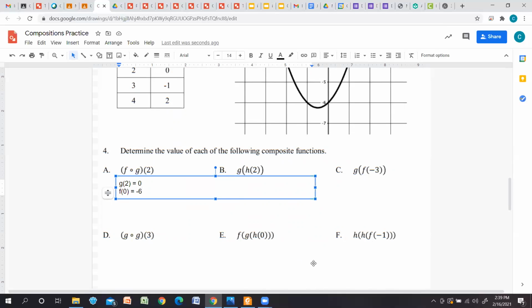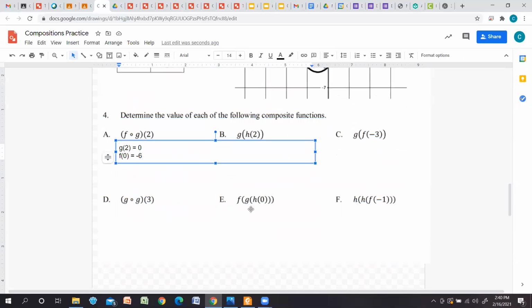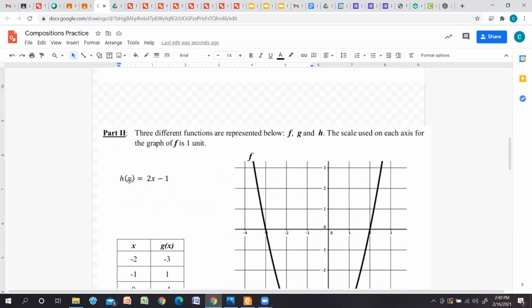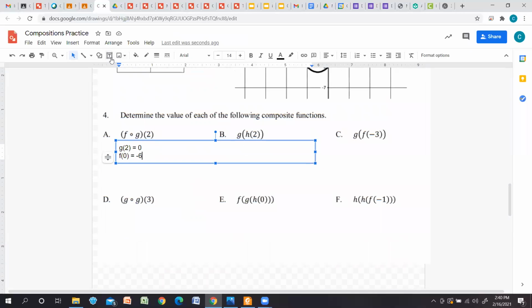Notice there's some triple compositions. Actually, I'll do one of the triple compositions. So h of 0. If we put 0 in here, that's 2 times 0 minus 1. So that's -1. So h of 0 is -1.